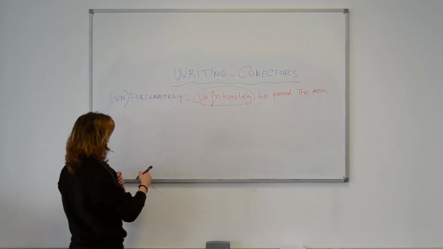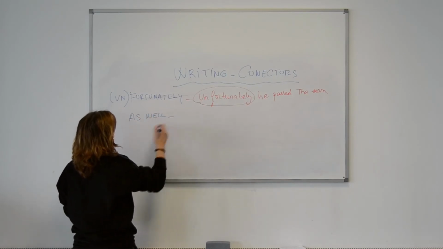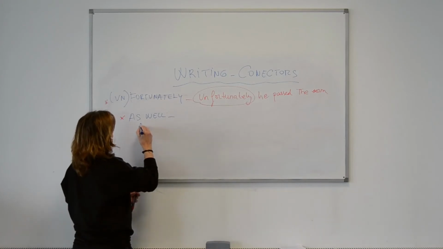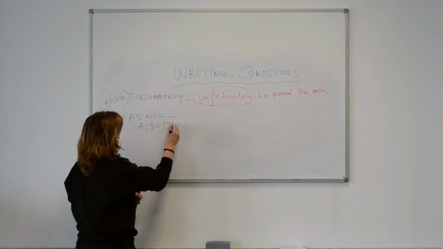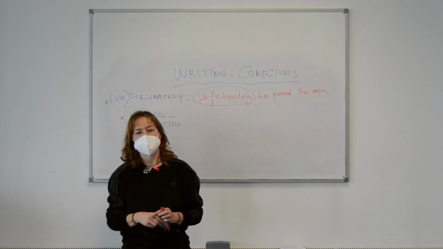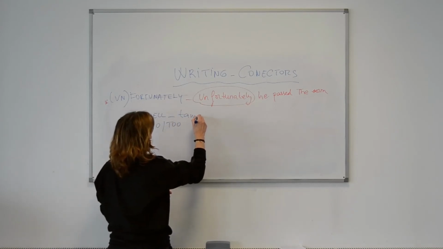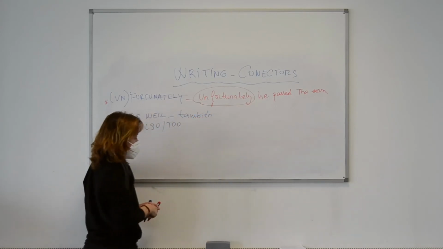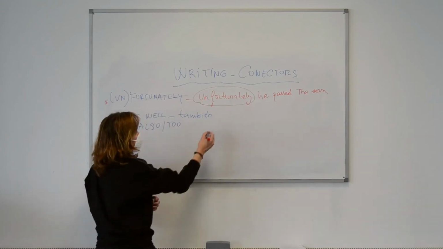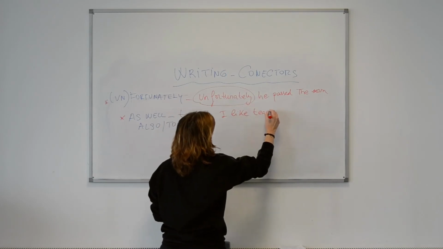As well is another connector. It's close to, for example, also and too, but as well is usually placed at the end of the sentence. It means "también." Okay, for example, I like teaching as well.